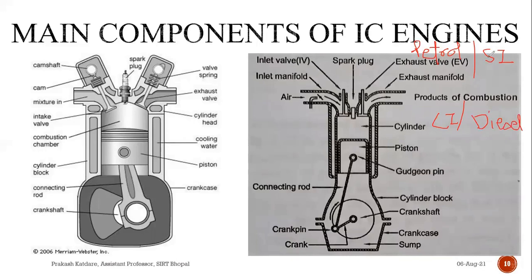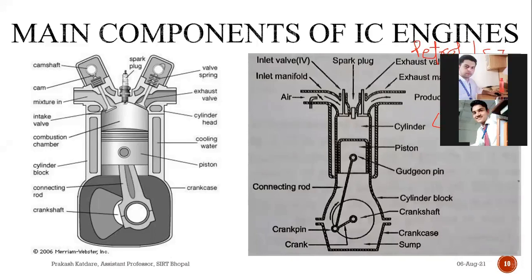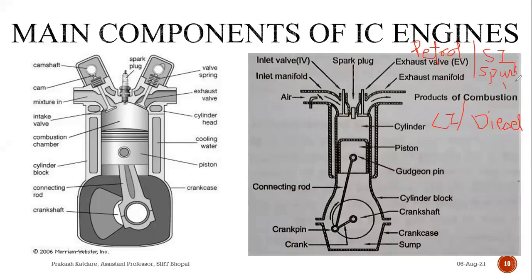SI engine, in which the combustion is initiated with the help of a spark plug, that is, the petrol cannot auto-ignite. We have to give some ignition there. And CI engine, which is compression ignition engine, in this the combustion takes place with the help of auto ignition. Auto ignition of what? Auto ignition of fuel.